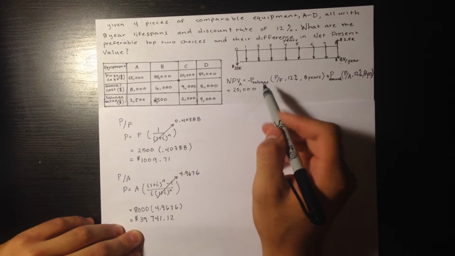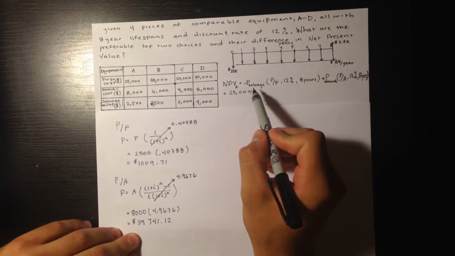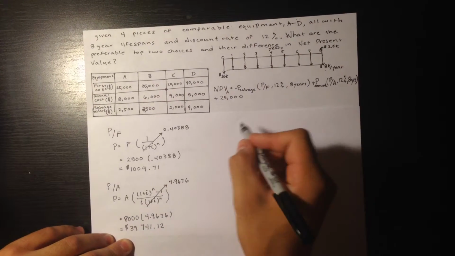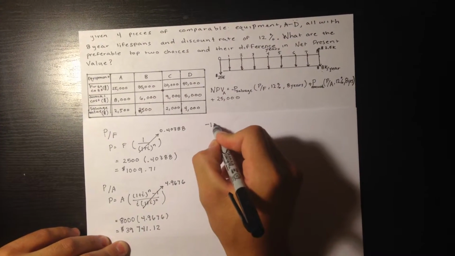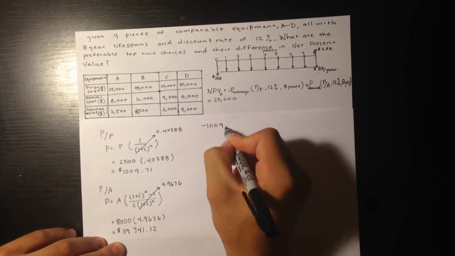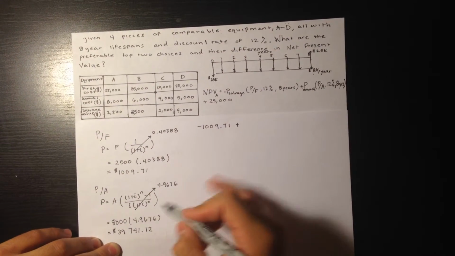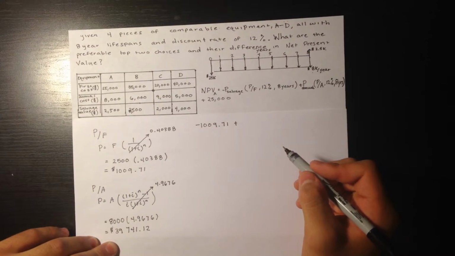Now we've already calculated what we needed for the equation for equipment A, so we'll go ahead and substitute this in. Remember that salvage value is negative because it is a positive in this case, since we're looking for overall cost. So we'll substitute this in as $1,009.71 plus the annual cost and the initial cost of $25,000 up front.